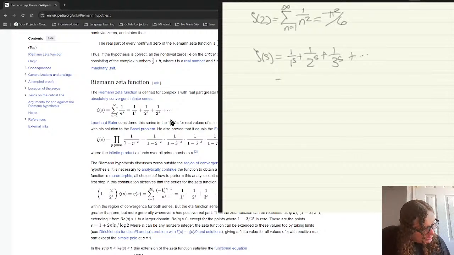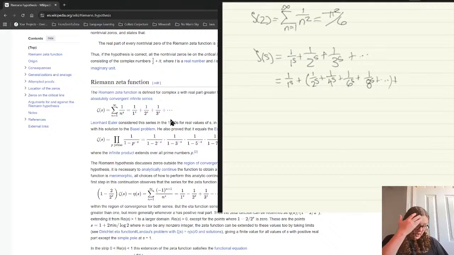Specifically, we're just gonna keep the 1 over 1 to the s by itself, and then we're going to group all of the multiples of 2, and then the multiples of 3.